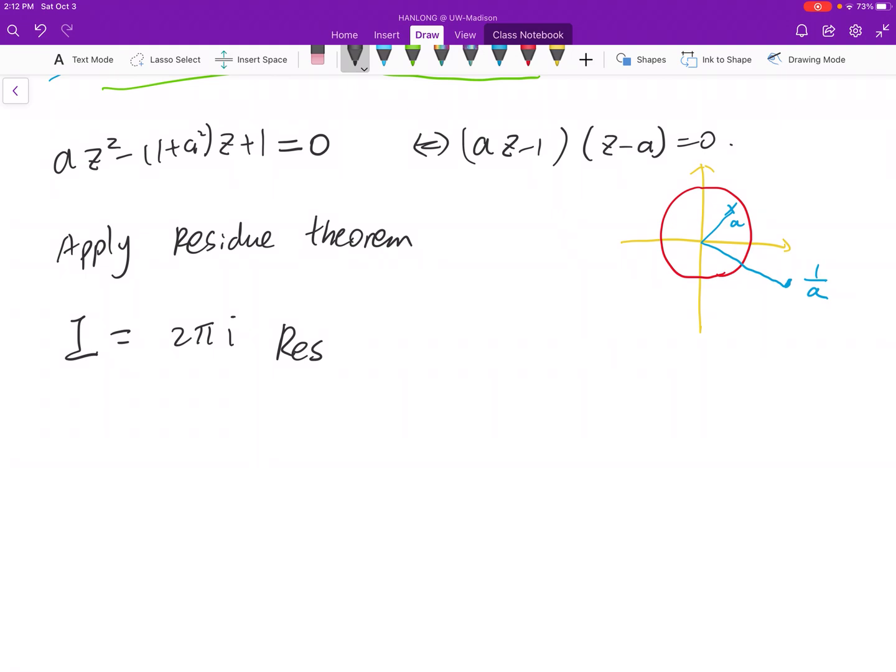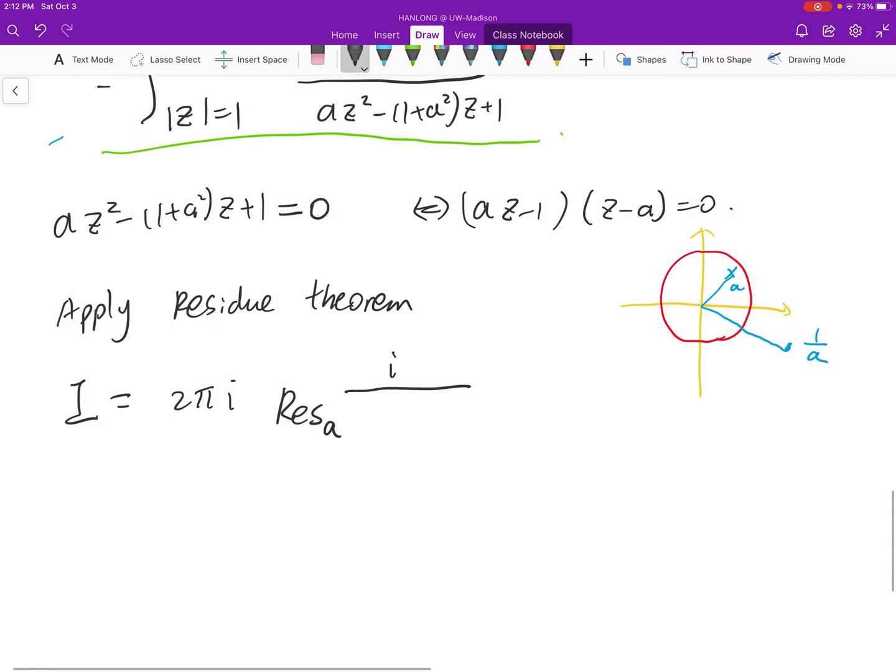Inside you only have one pole, so the residue at a of the function i over (az squared minus 1 plus a squared z plus 1).